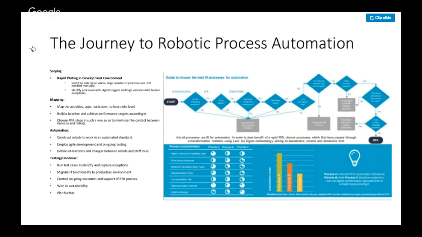So how should you proceed with robotic process automation? First, you should do a pilot. You can start with a small automation. The best thing I learned in my sessions was that the best way to start robotic process automation is with a simple desktop automation.